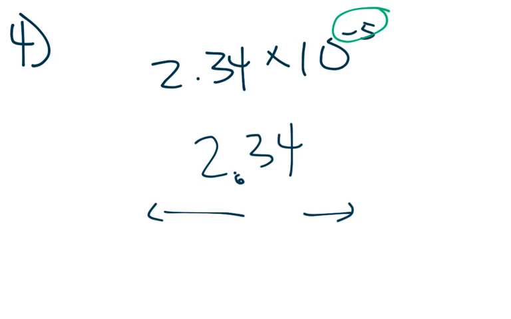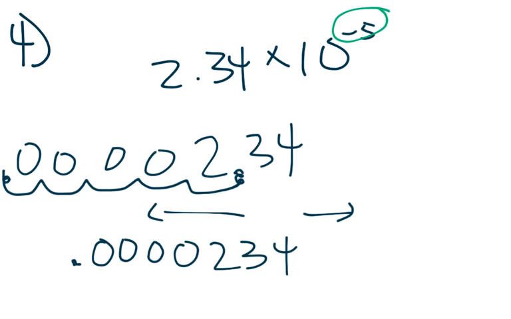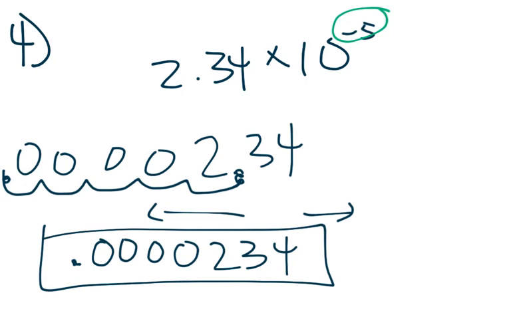We start at your decimal and go left 5 times: 1, 2, 3, 4, 5. And we fill these in with zeros, and your decimal goes right here. So we have 0.0000234. And this is your answer for number 4.